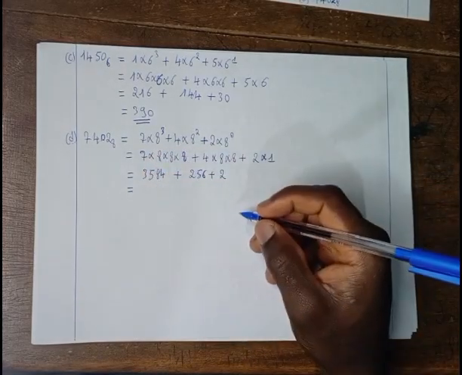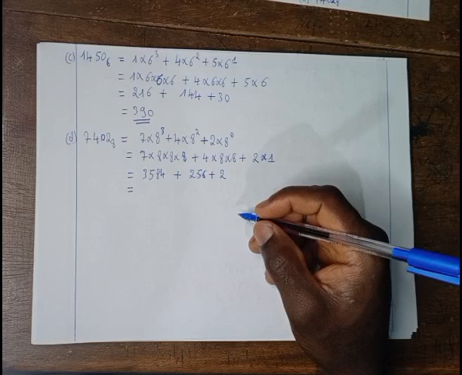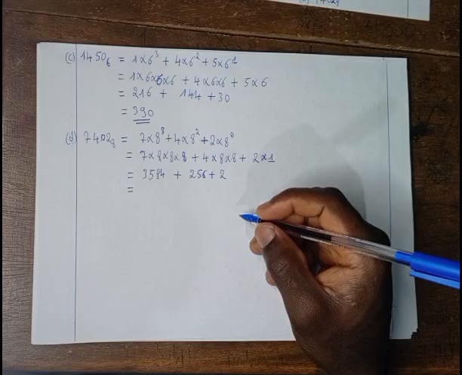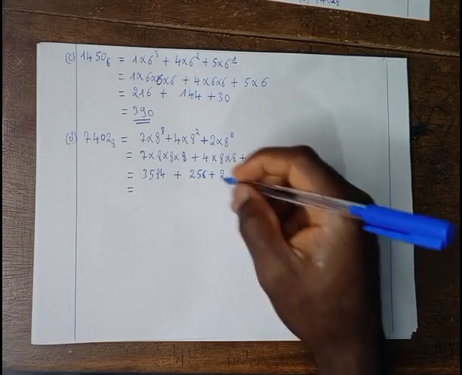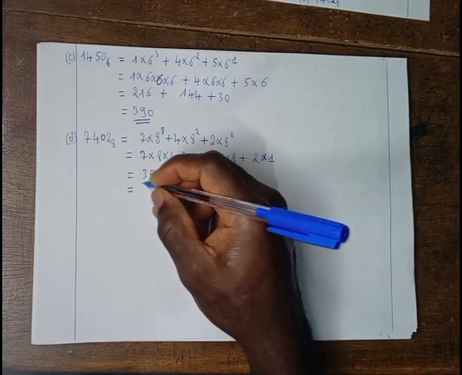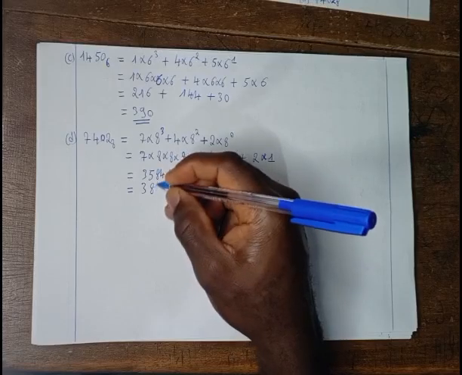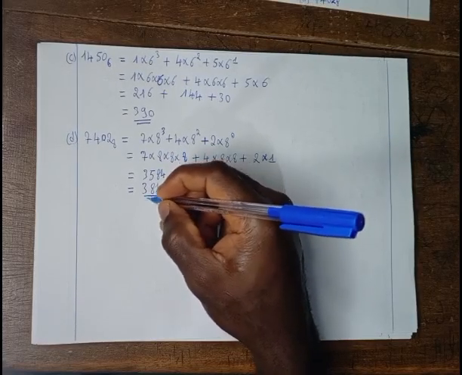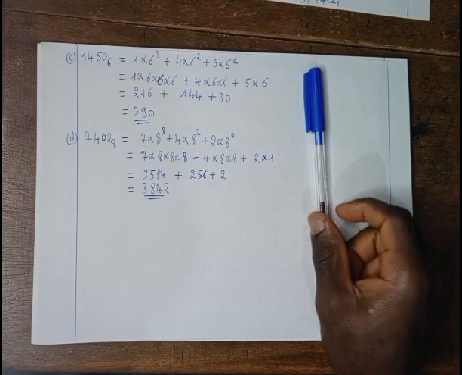This will simply be equal to, if you take 3,584 plus 256, it gives us 3,840 plus 2. It gives us 3,842. We are done with the conversion.